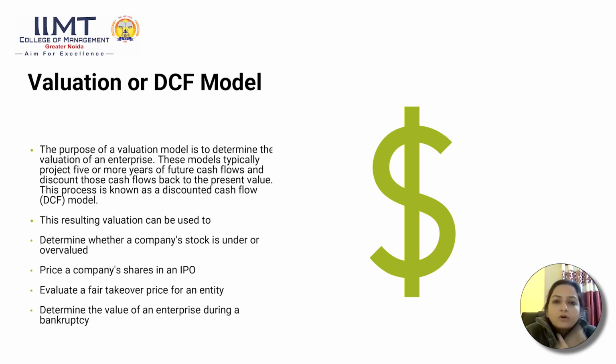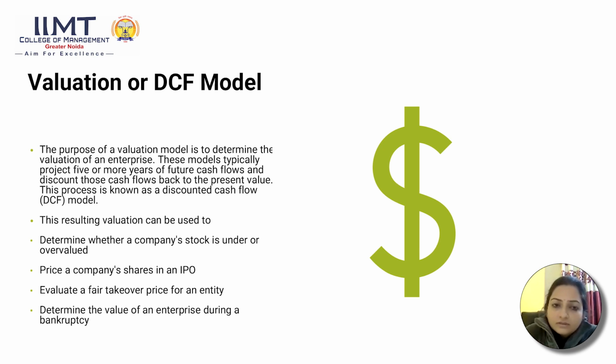So this model is actually used in cases when a firm has certain projects and has to take a decision. The firm has limited resources and certain projects are out there for investment. So the firm has to decide which project is more profitable for that firm to invest in.